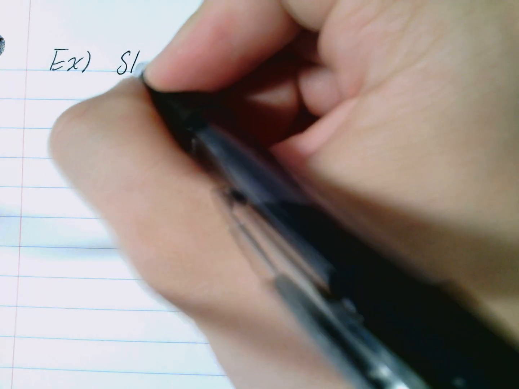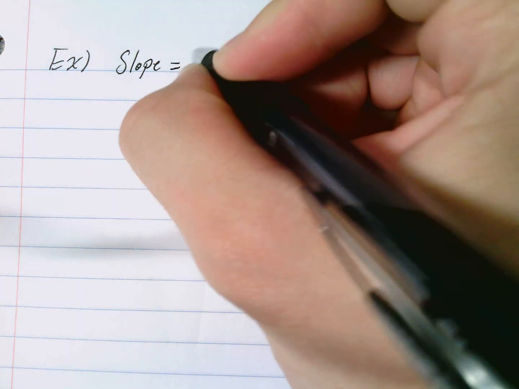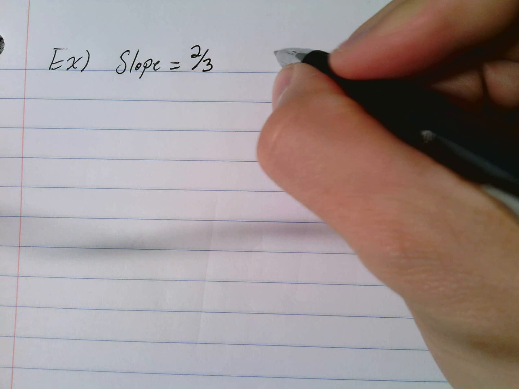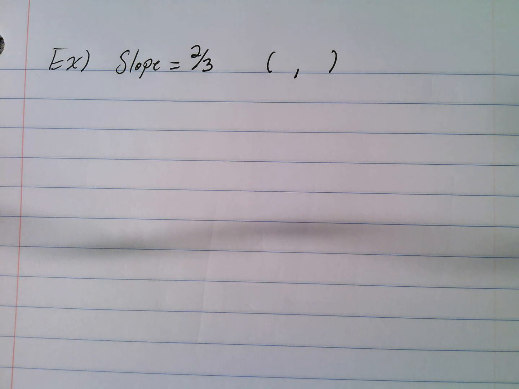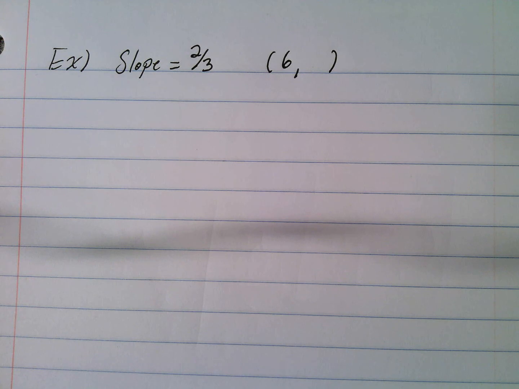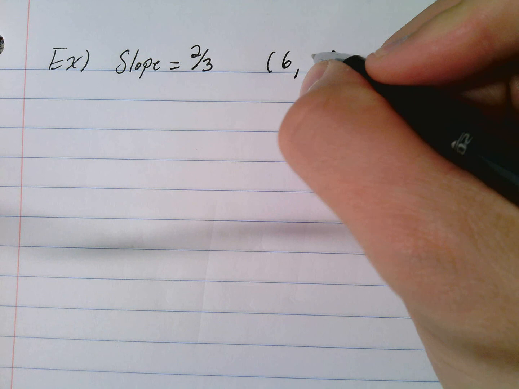If I tell you that the slope is, let's call it 2/3, then let me give you a point. How about 6 and 4?